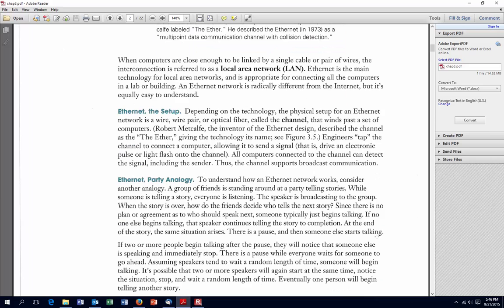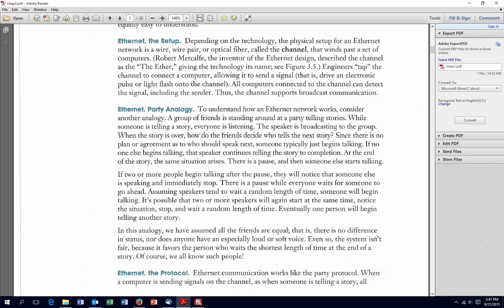Now the author also talks about something he calls the party analogy of how Ethernet works. And his description is pretty accurate. I have a tendency to use a different description, that of the hallway analogy. If you're in a school building or an office building that has a long hallway with a lot of doors off of it to different rooms, it's similar to where each room might represent a computer.